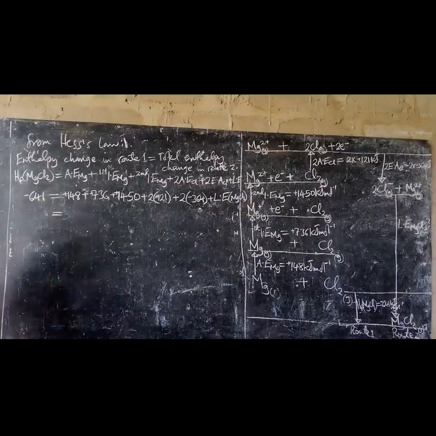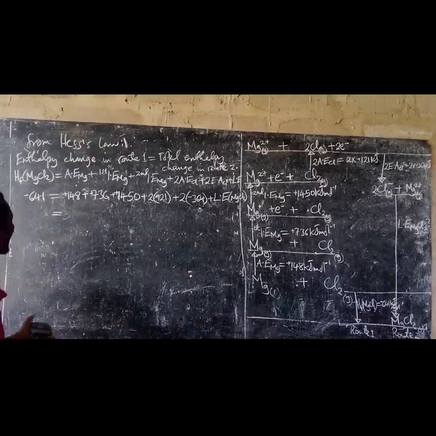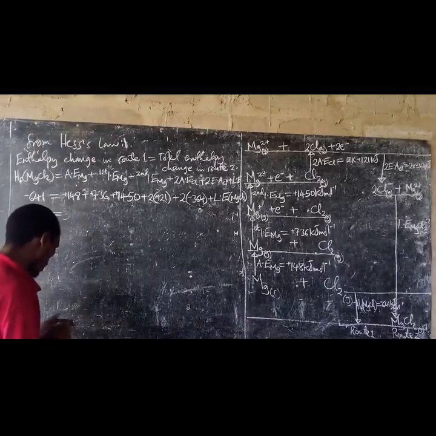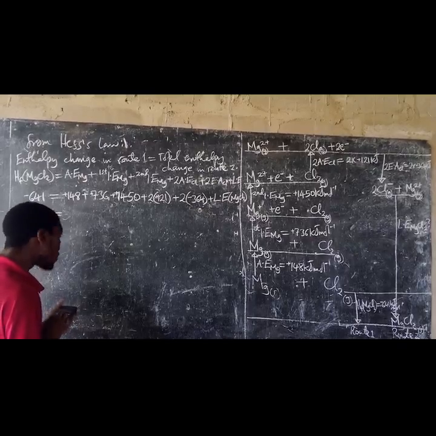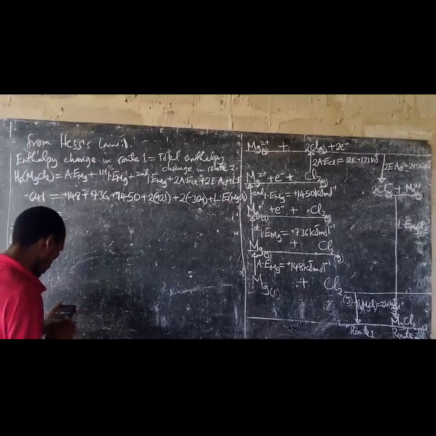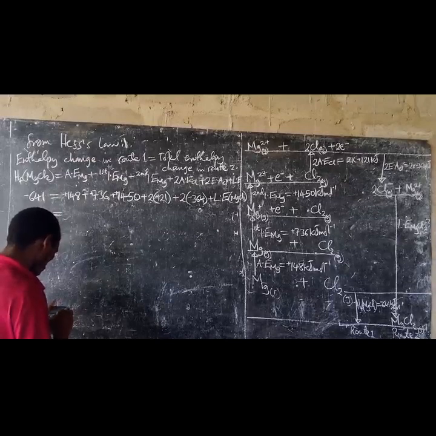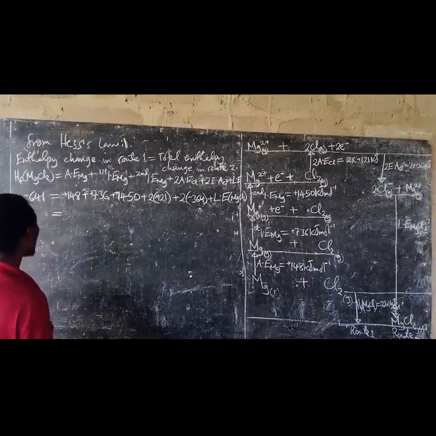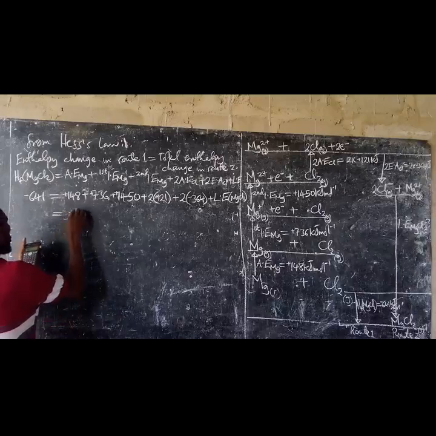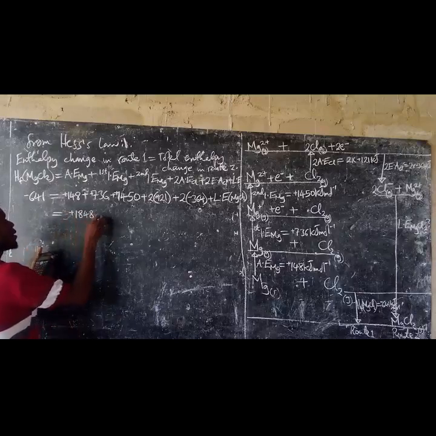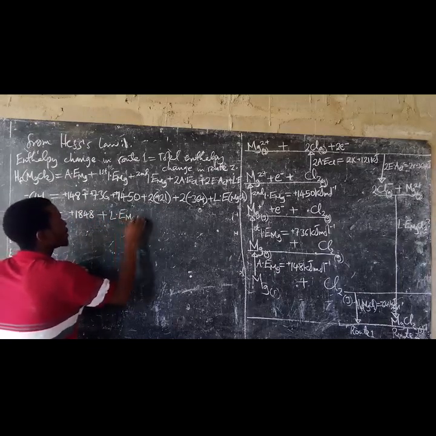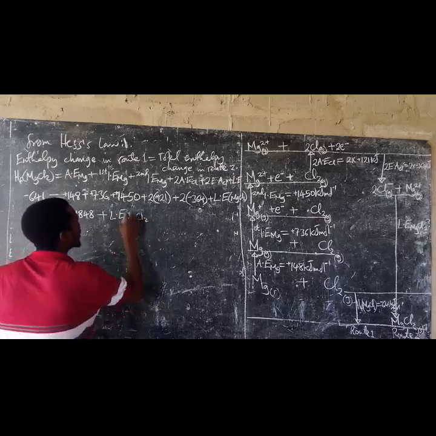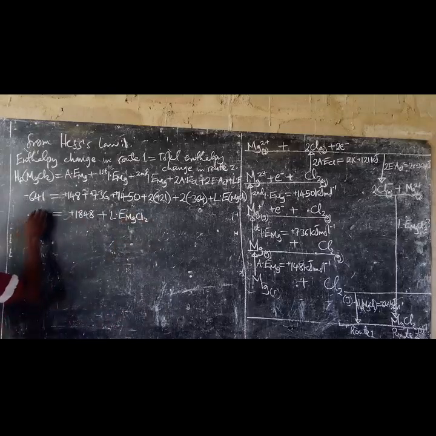The answer is positive 1848 plus the lattice energy of magnesium chloride, and this is equal to negative 641.